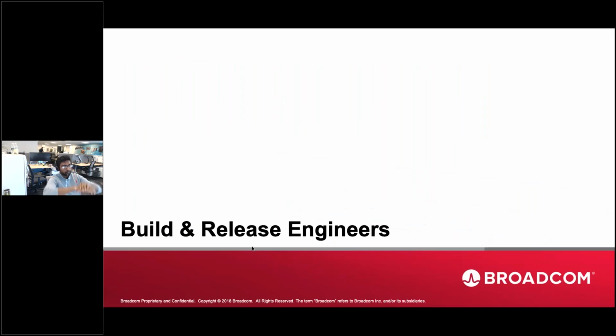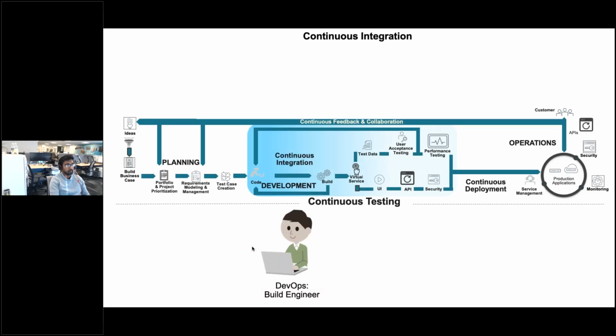All right, so we had 3 sets of tools there for developers, but as I mentioned before, developers are not the only ones who are involved with the process of delivering software, right? You have folks like our build and release engineers as well. And typically a build engineer is involved earlier in the process of development, so at the continuous integration level.